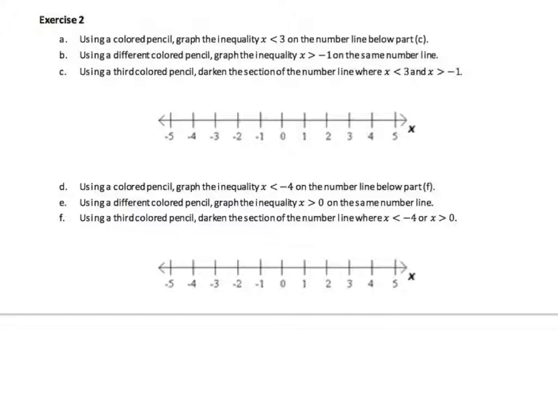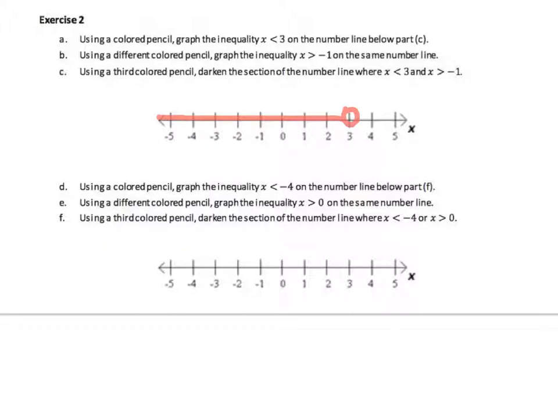So here, using a different colored pencil, graph the inequality x is less than 3 on the number line below part C. So x is less than 3. Let's try that again. So x is less than 3.